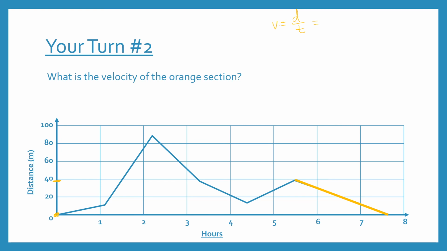So we've traveled 35 minus 0, so we've traveled 35 meters. And then over our time, go down here and here. So we've gone from 5.5 to 7.5, so we've gone for 2 hours. So we divide this by 2. Then we can simplify this. We get 17.5 meters per hour.